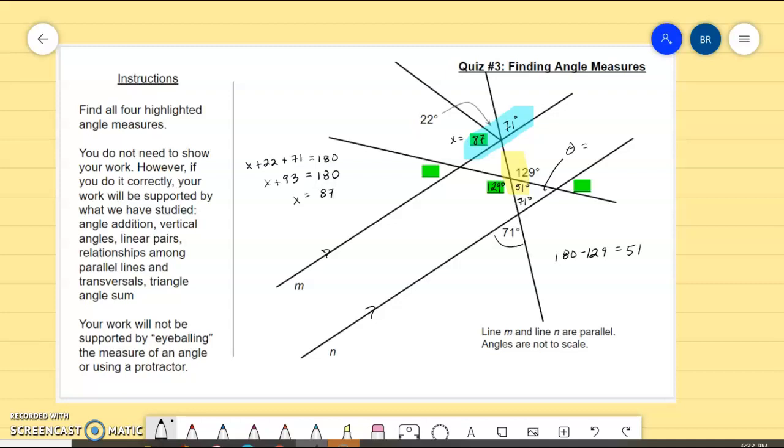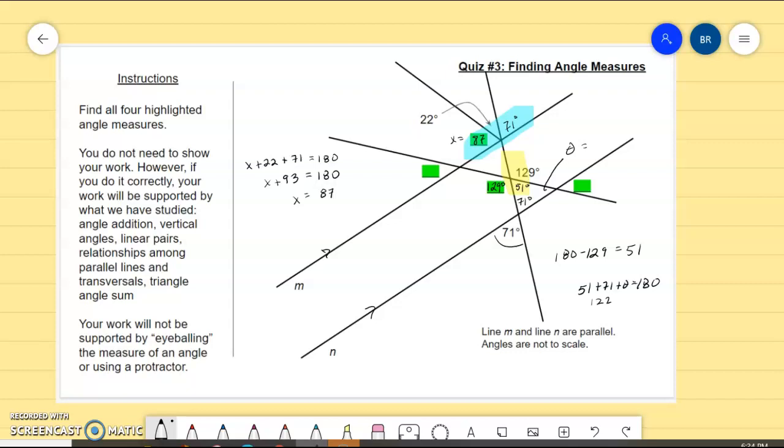Those 3 angles, the 3 angles of this triangle, have to add up to 180 degrees. So 51 plus 71 plus theta equals 180.